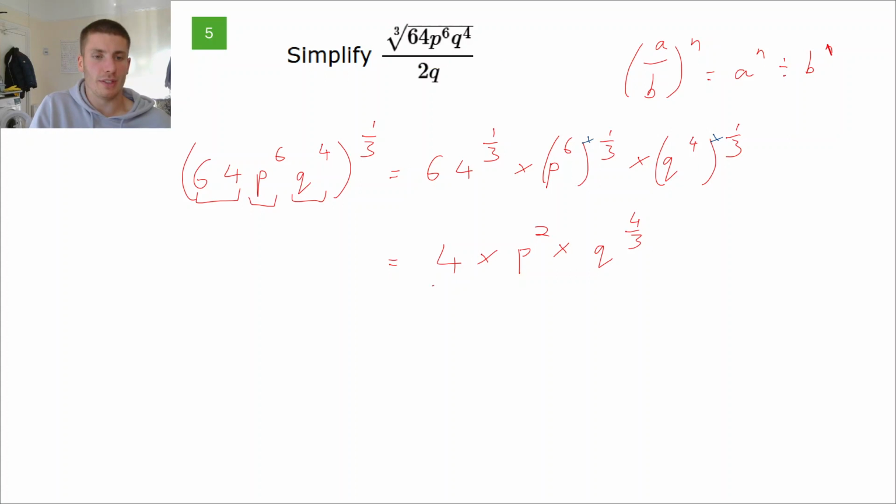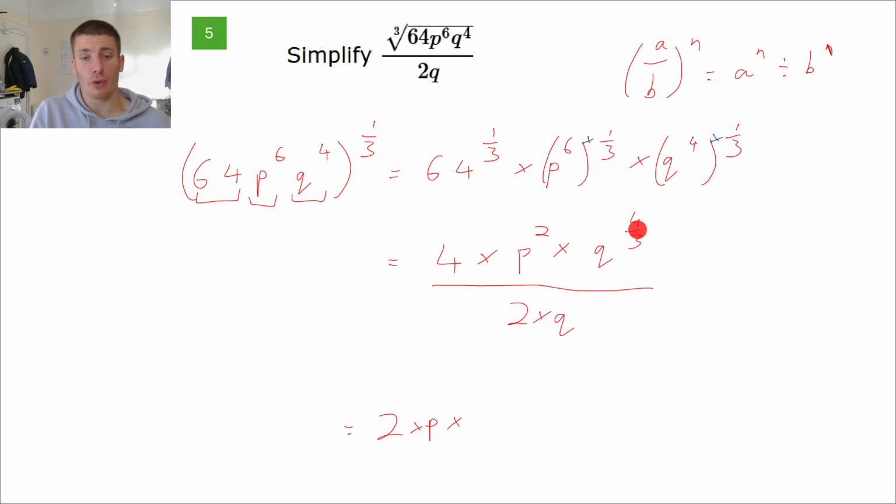But then we've got to divide this by 2q, or 2 times q. And what is 4 divided by 2? 4 divided by 2 is equal to 2. We've just got a p squared on the top and there's no p down below, so we can just write it as timesing it by p. Timesing it by, we've then got q to the 4 over 3 divided by q.